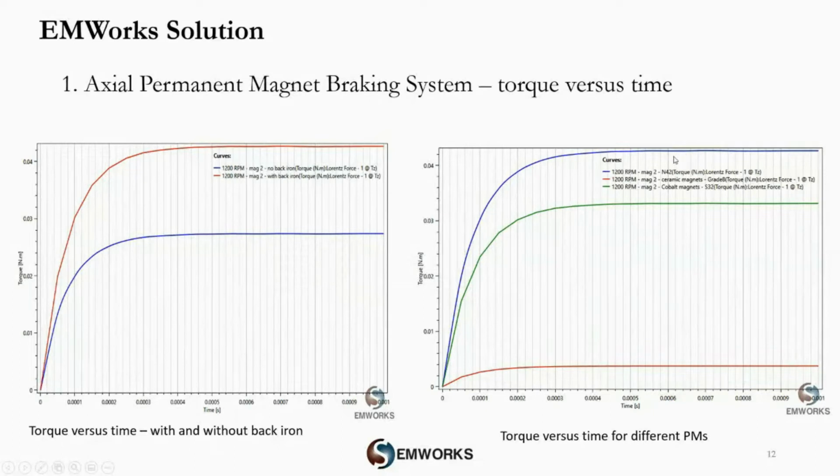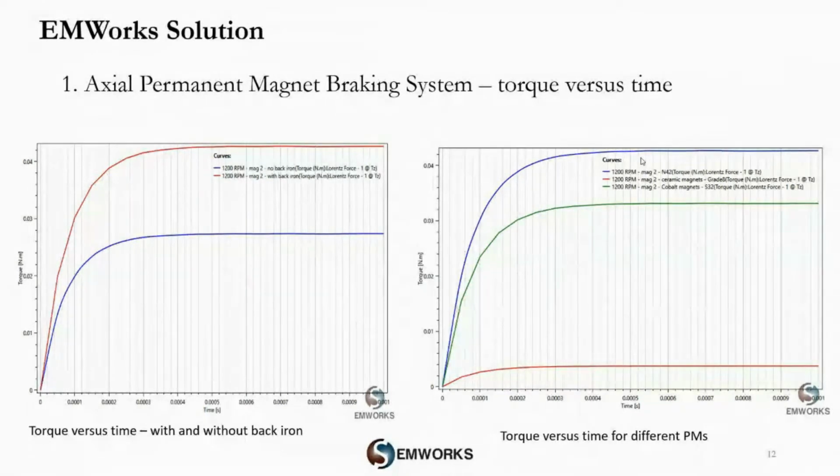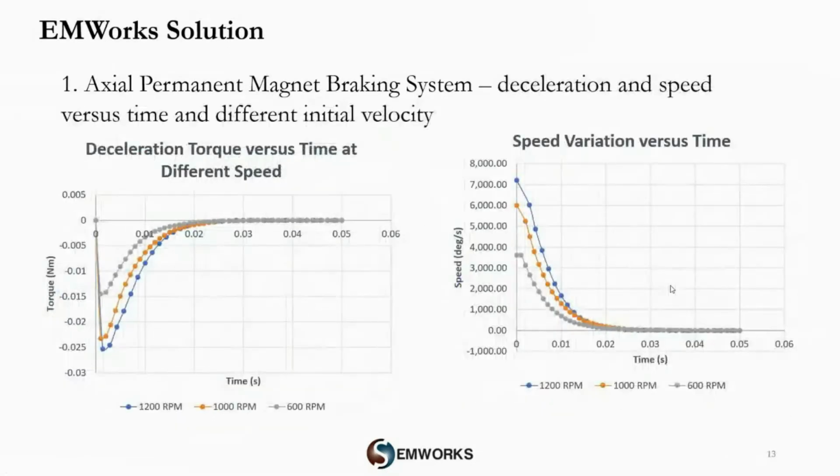And of course, there's a trade-off here. There is a cost. The iron boron are much more expensive, and they're heavier. So there's a trade-off that has to be considered when choosing the type of permanent magnets as well.